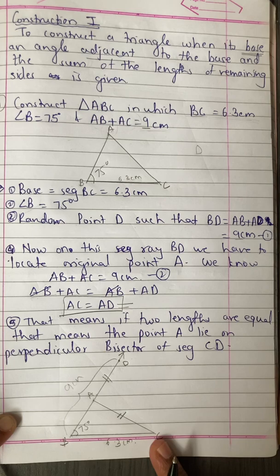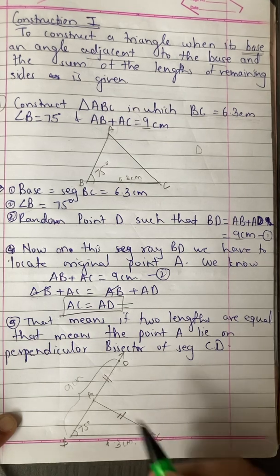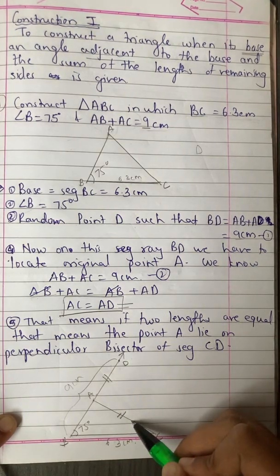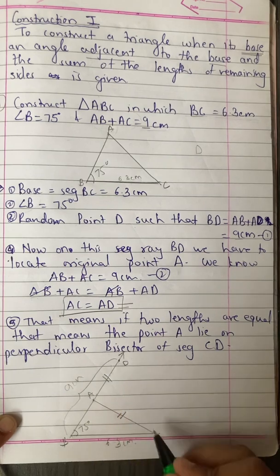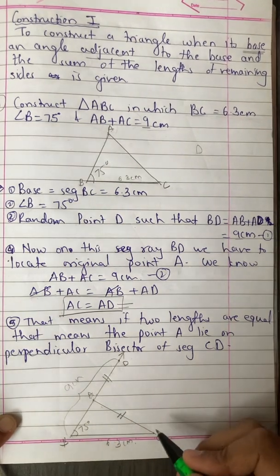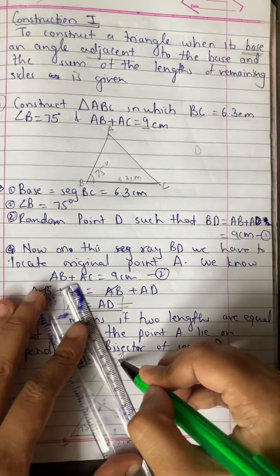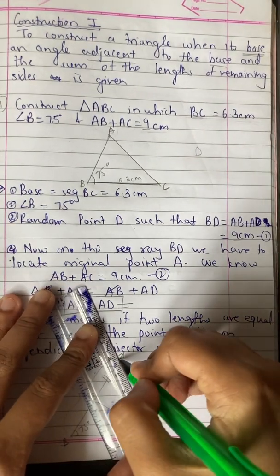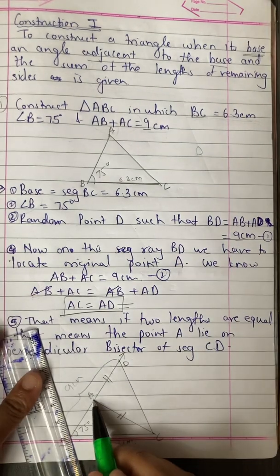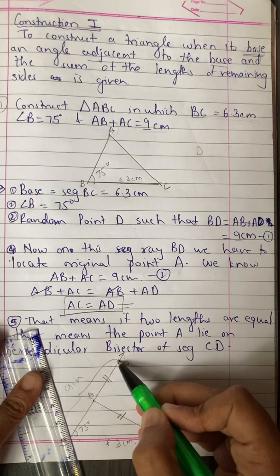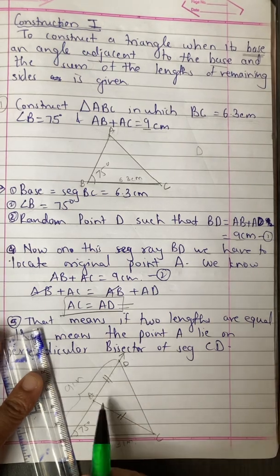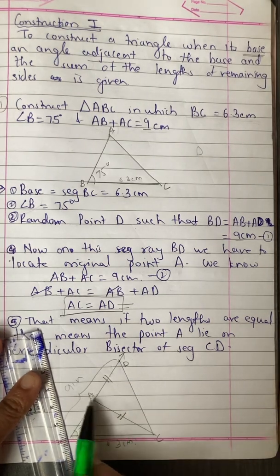Just now we learnt in the perpendicular bisector theorem that when two lengths are of equal measures from a point to the two extreme points, then, if I join segment CD, the length from point A to one end of segment CD is equal to AC.